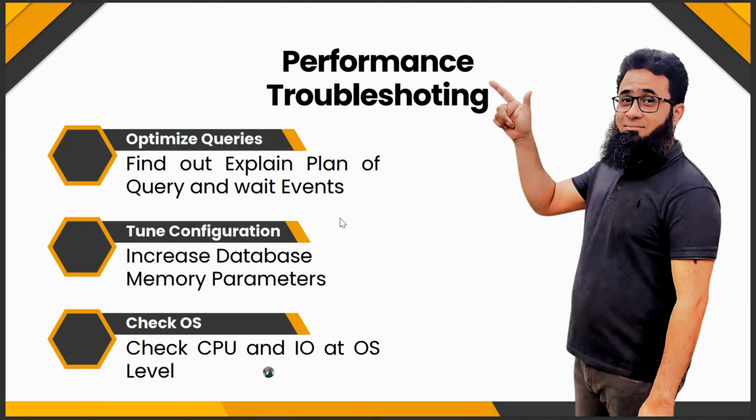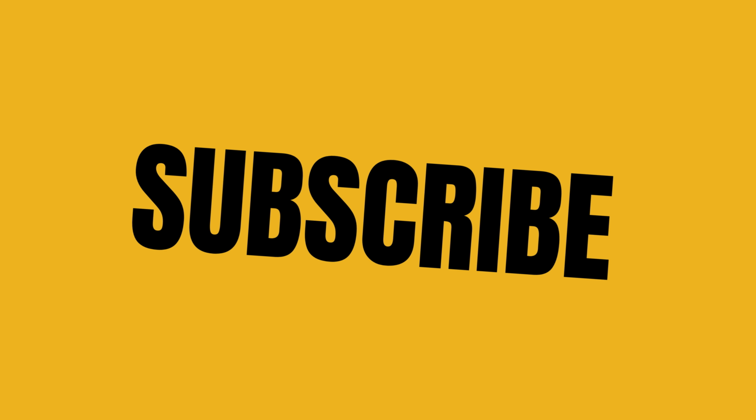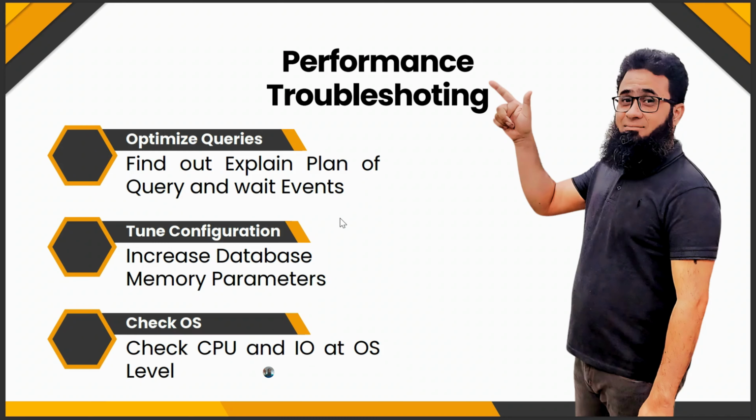The first one is we need to optimize the queries. That is a very important option we need to perform in our database for optimizing the performance of our database. The second one is also very important.